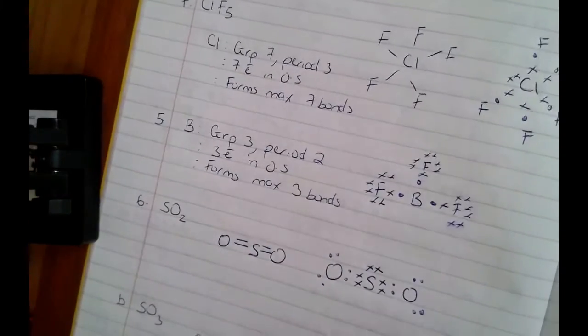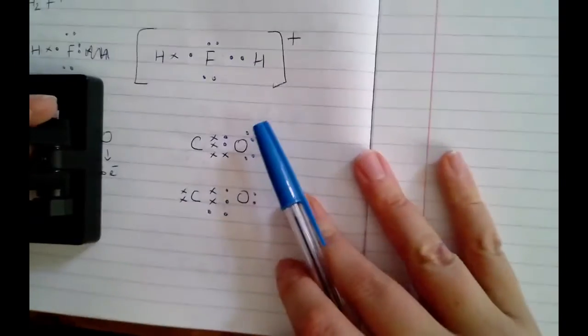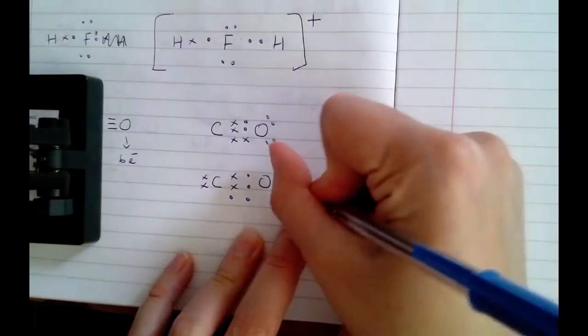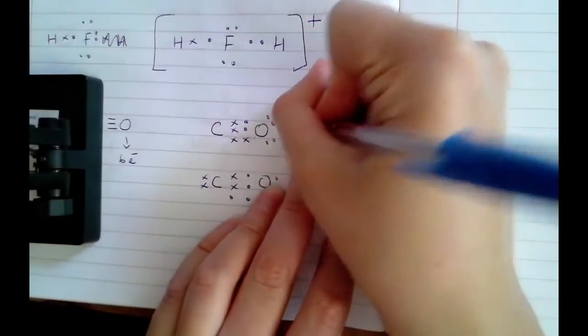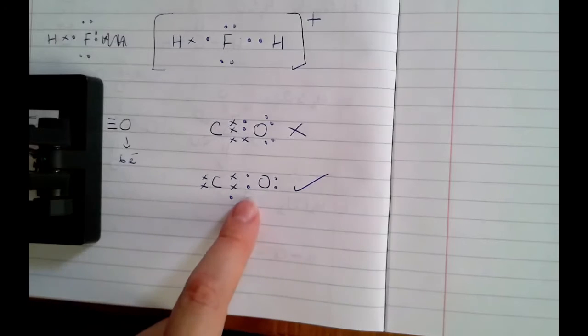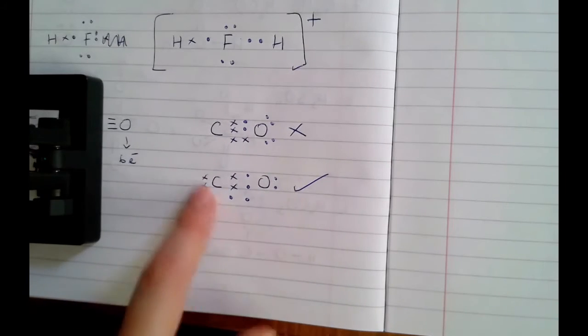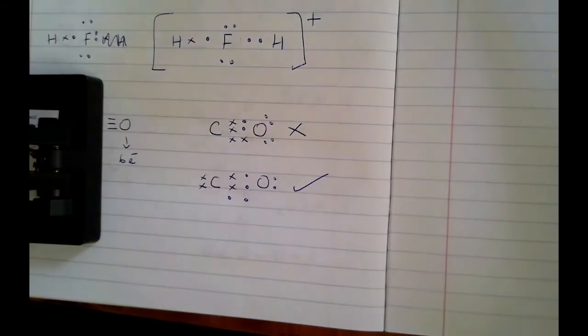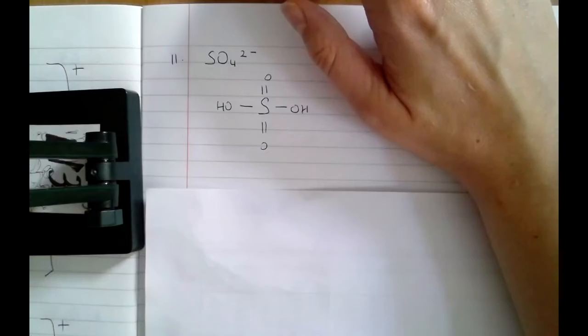So when you're asking yourself which element, oxygen or carbon, used its lone pair to form a dative covalent bond, that answer will always be oxygen. Okay, carbon doesn't have a lone pair to form a dative covalent bond. Oxygen does. That means this representation down here is the correct representation of carbon monoxide.